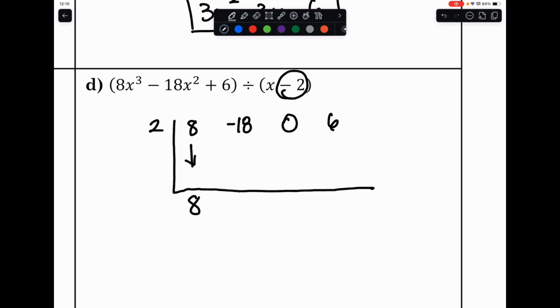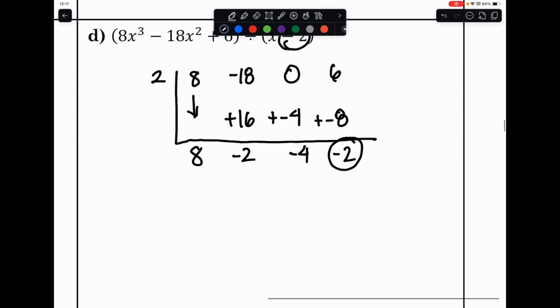So 8, and 2 times 8 is 16. This adds up to -2. 2 times -2 is -4. This adds up to -4, and -4 times 2 is -8, which adding the last two numbers in the row, that gives us a total of -2. So we have a remainder of -2.